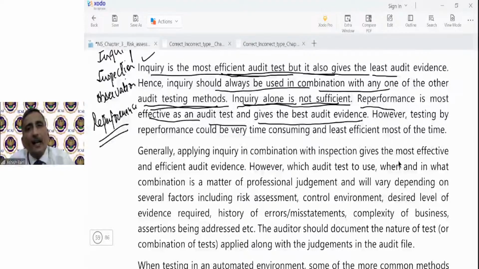The accountant has prepared the bank reconciliation statement. That is also true, that the control is in operation. But if the auditor prepares the bank reconciliation statement himself, he reperforms that control, so obviously it would be giving him the most satisfaction.